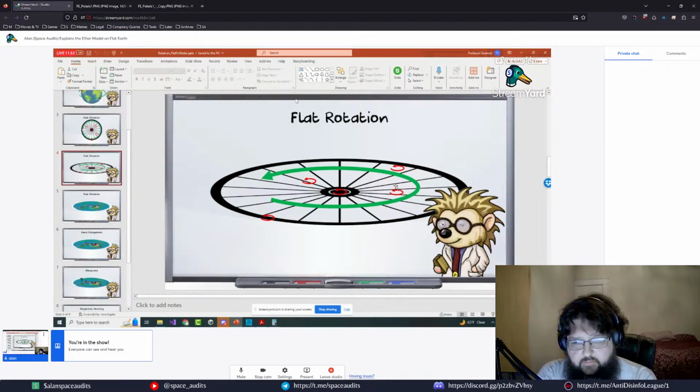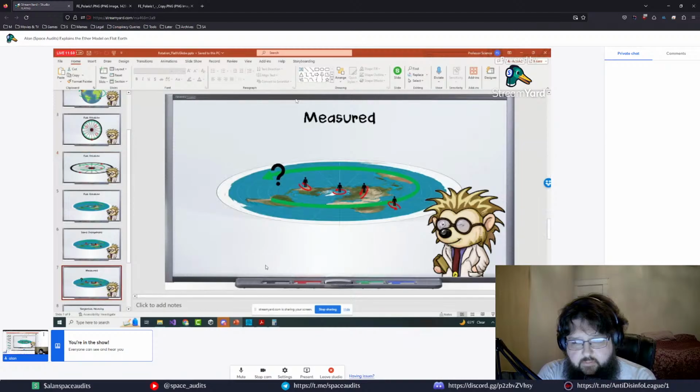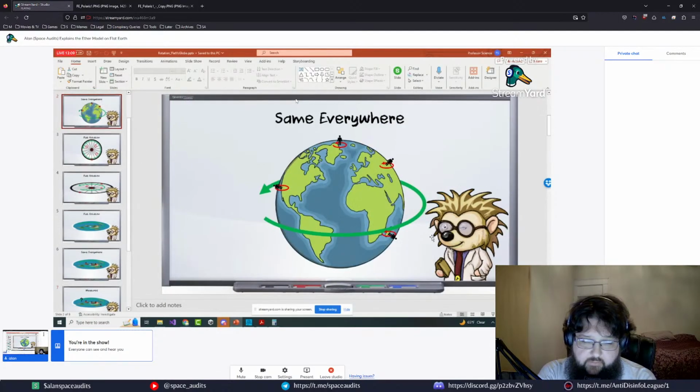Okay, so that's how a bicycle wheel works. So then what you would ask me is, why wouldn't it be the same on a sphere or flat? Well, it would be the same on a sphere. On a sphere, everyone is measuring the same rotation. It's just that they have rotated with respect to the axis of rotation.